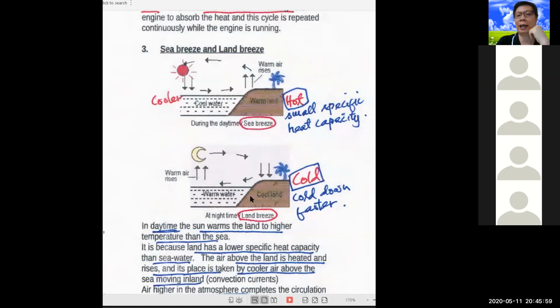Okay, nighttime, same thing. Land has small specific capacity, can heat up fast during the day. Nighttime, it can cool down fast also. Okay, remember now, when specific capacity is small it means that it can heat up fast and also cool down fast. So at night, it can cool down very fast. So land becomes cooler compared to the sea.